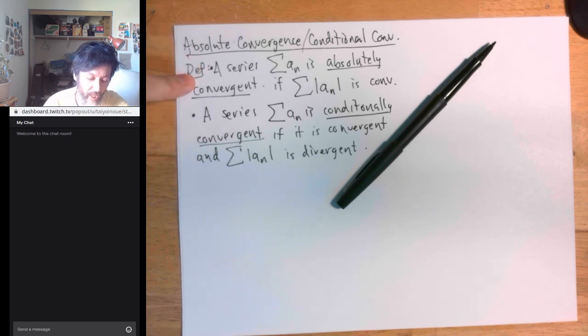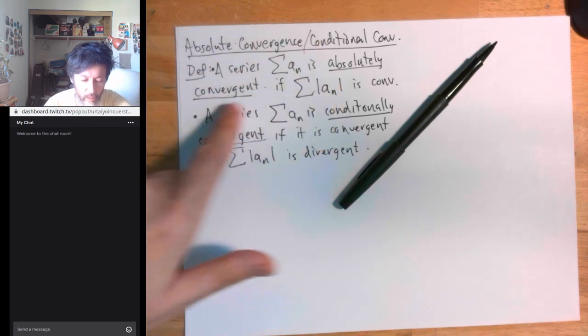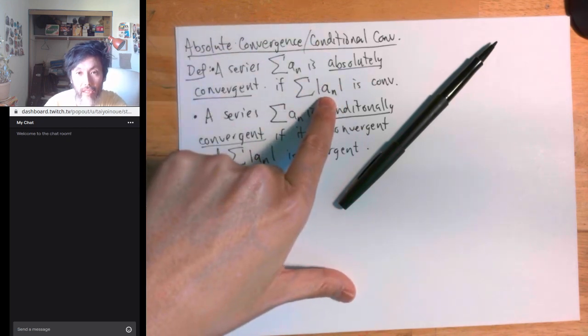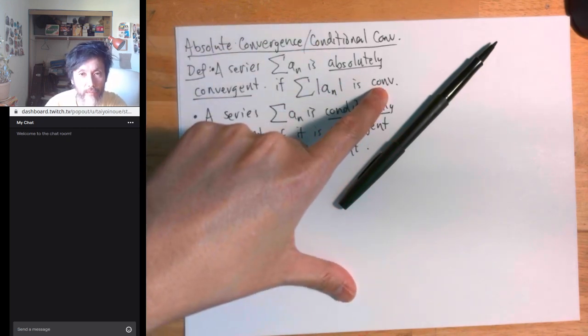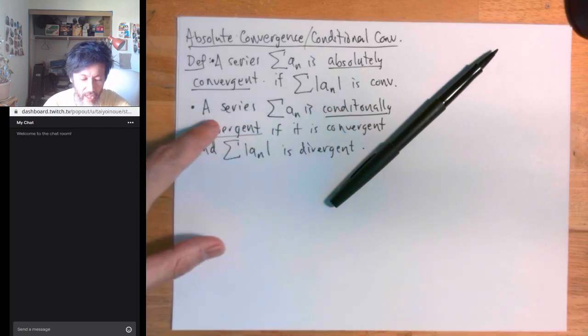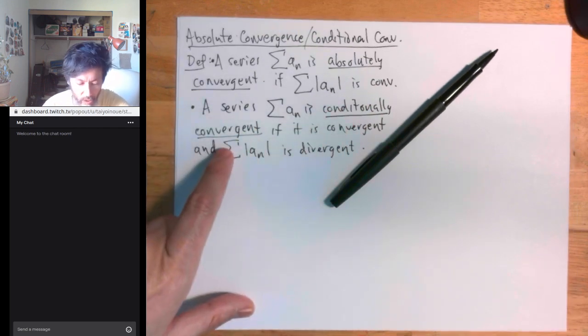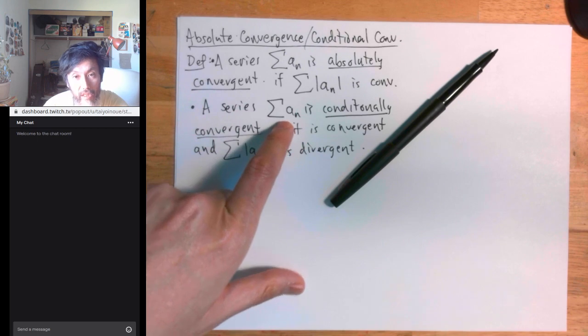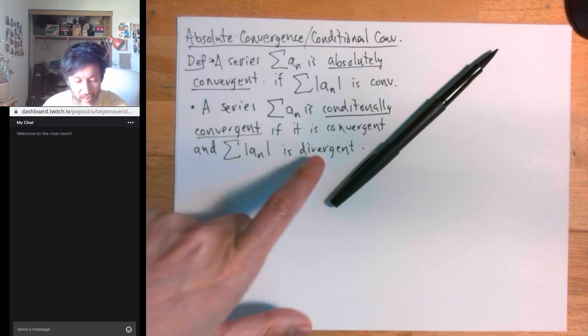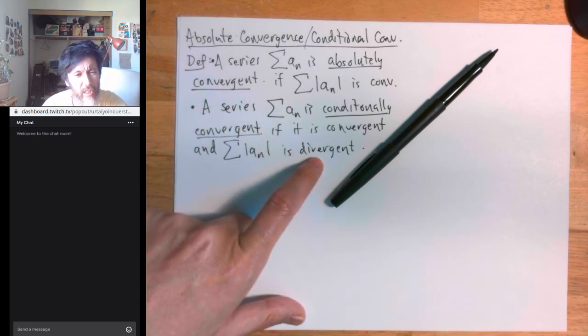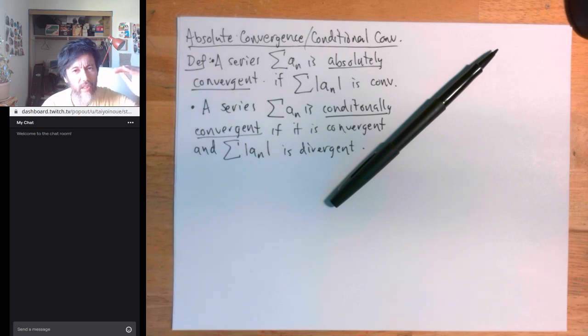The first one says merely that a series is absolutely convergent if this guy here is convergent. The second statement says that it's conditionally convergent if not only the given series is convergent, but this thing is divergent. So doesn't it make sense that it cleaves the thing into two pieces?